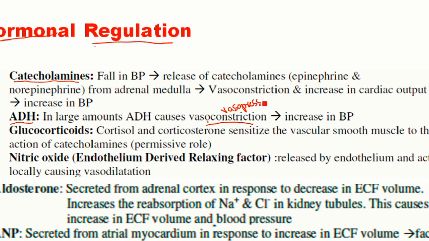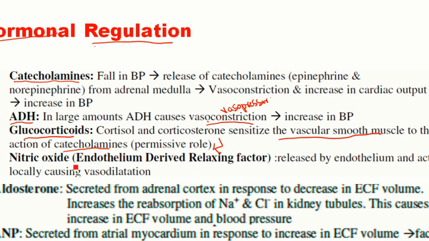Glucocorticoids, from where are they secreted? Cortisol and corticosterone sensitize vascular smooth muscle to the action of the catecholamines. This action is called permissive action. What is the meaning of permissive action?